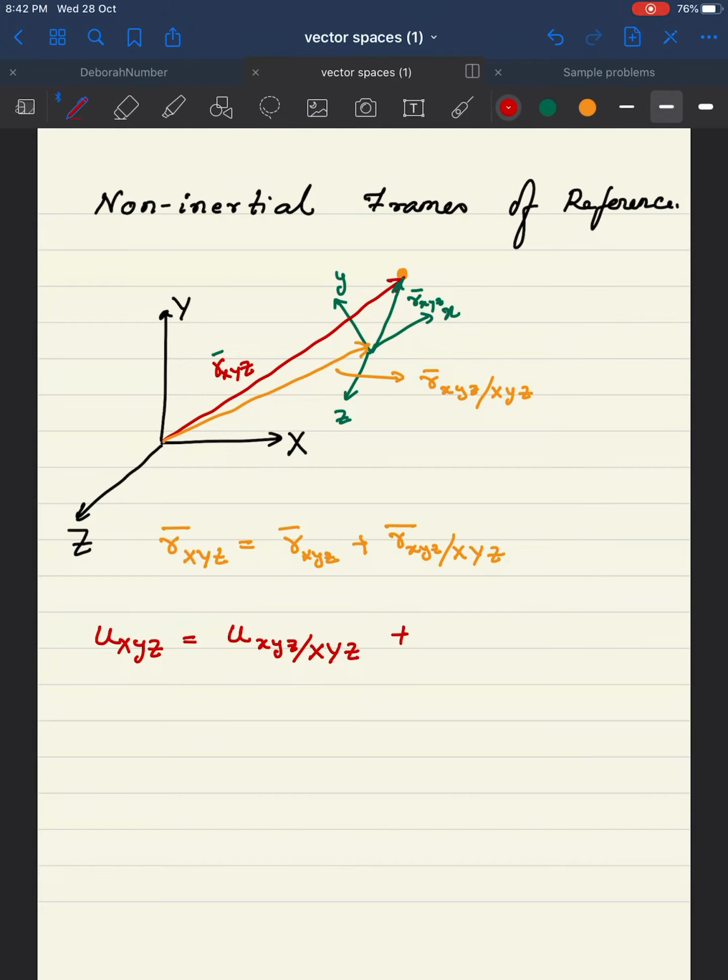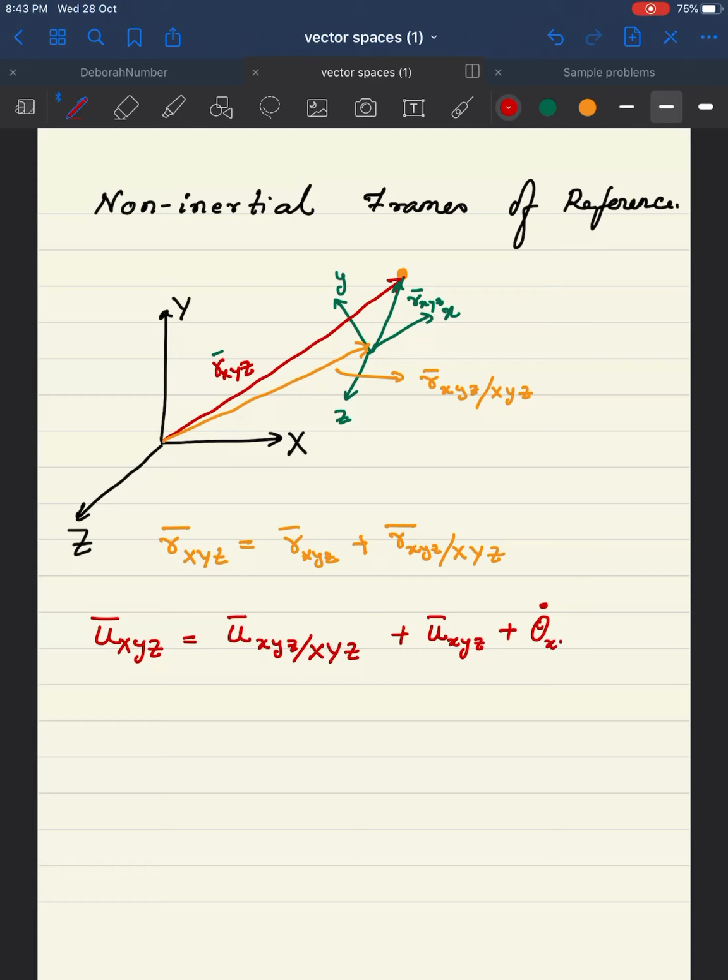So this u, which is the velocity in capital X, capital Y, capital Z reference frame, is given as the velocity of the small xyz reference frame with respect to the capital X, capital Y, capital Z reference frame, plus u as measured from the small x, small y, small z reference frame, plus theta dot or omega.